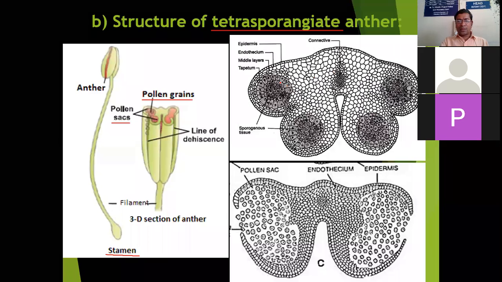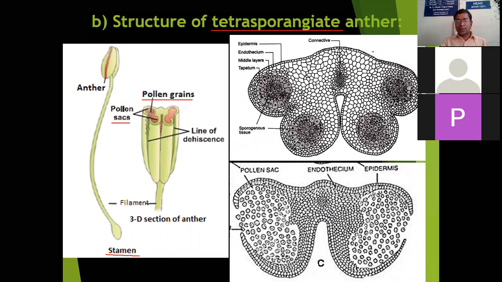So you can see when the anther is young, you will observe the presence of four sections in this anther, and therefore it is called tetrasporangiate. Tetra means four. So four chambers are usually present when that particular anther is young.